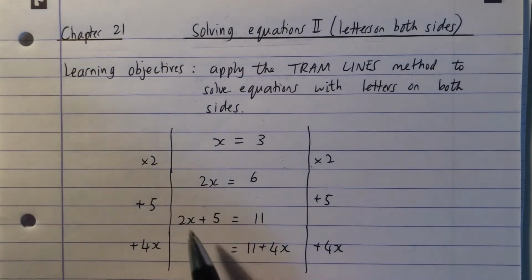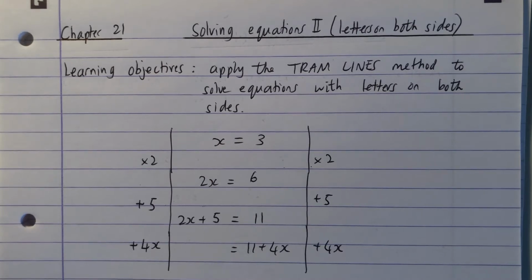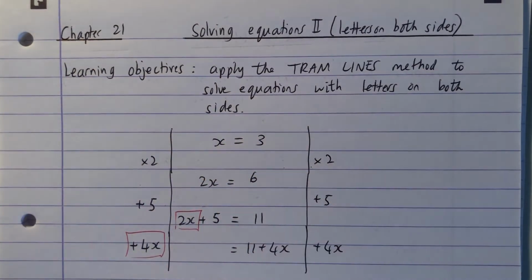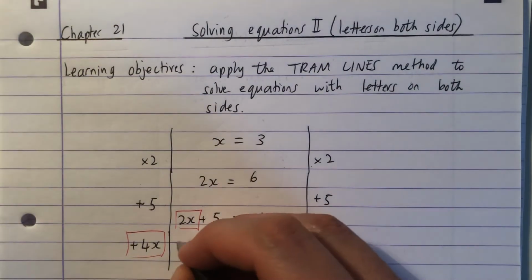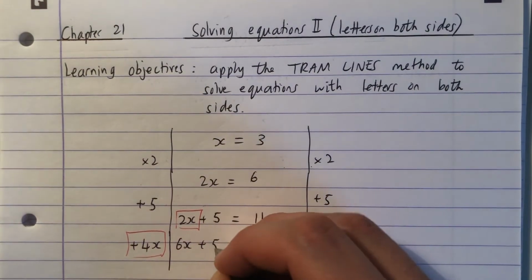However, 2x plus 5, add 4x. There is a shorter way you can write that. There would be a like term between that 2x and that 4x, and that could be written as 6x plus 5.